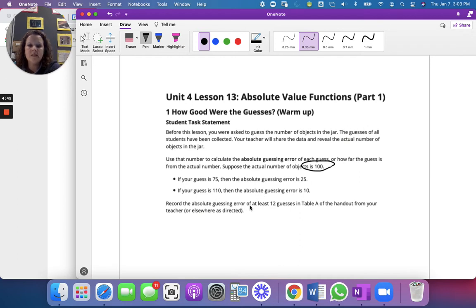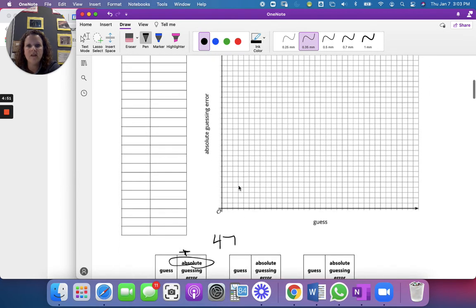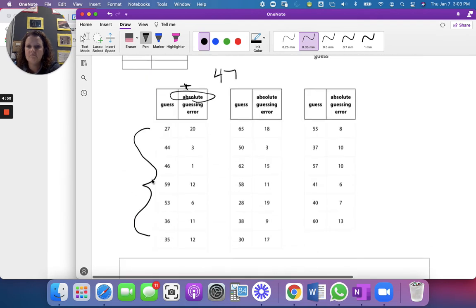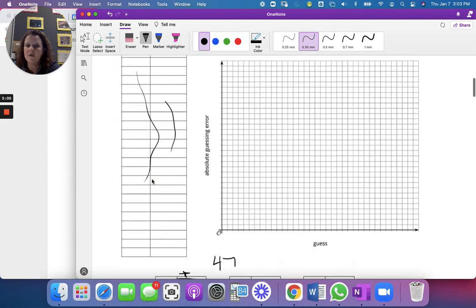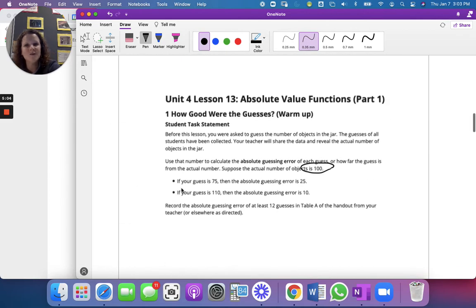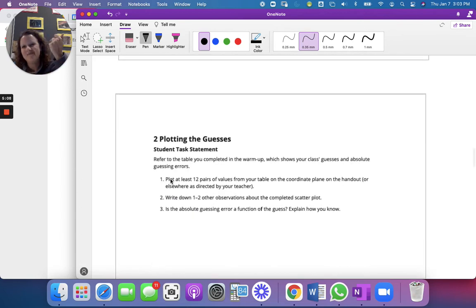Record the absolute guessing error of at least 12 guesses in Table A of the handout from your teacher, which we didn't get, but this is what we have here, and this is a handout I would be giving to you. So you'd fill in all the guesses and all the absolute guessing errors. And that's where we're leaving that right now. We're not going to plot it quite yet. All right, we're going to use this though. Do not worry.